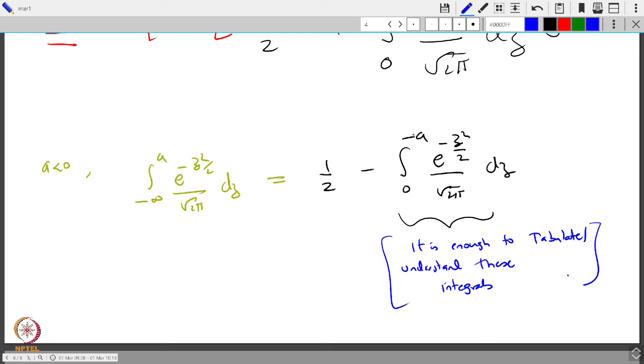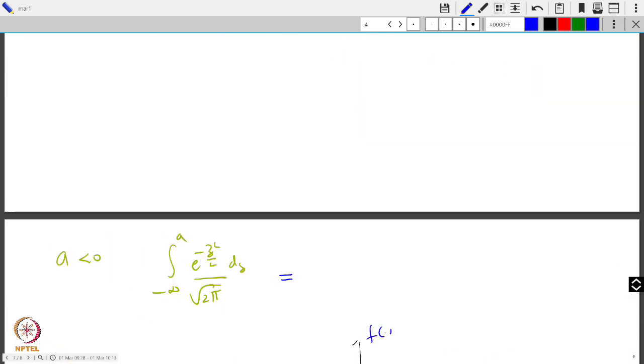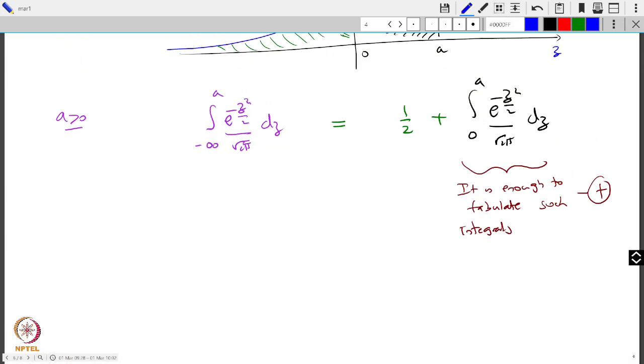So for both negative and positive, if I want to understand the integral from minus infinity to a of e to the minus z squared by 2, if a is negative, then I have a half minus the integral from 0 to minus a. If it's positive, I just have half plus that integral.